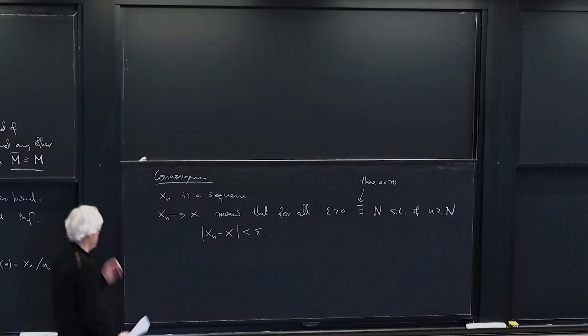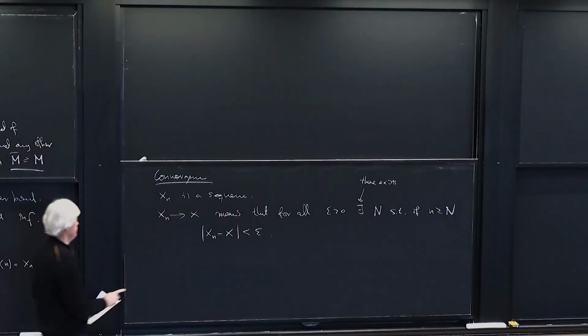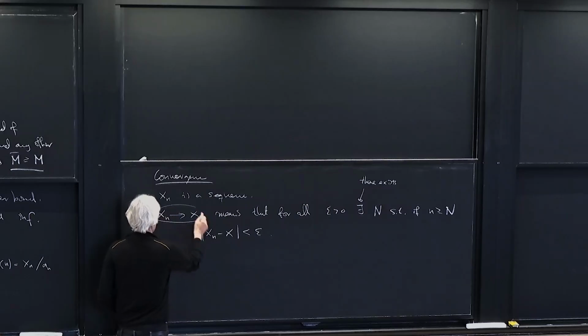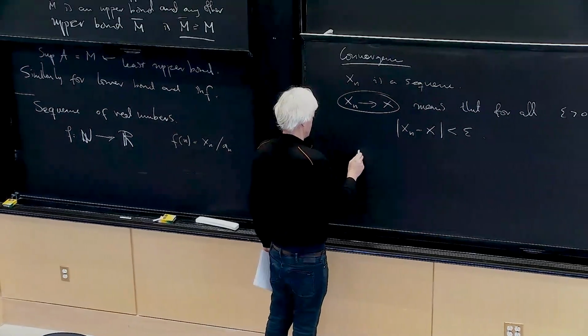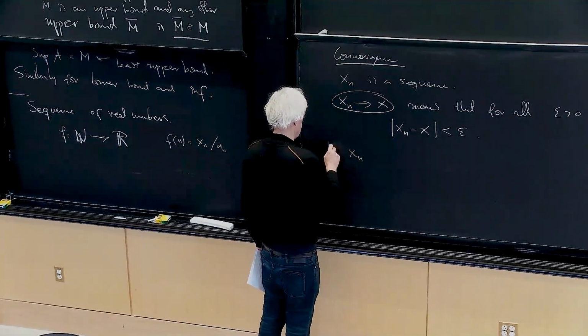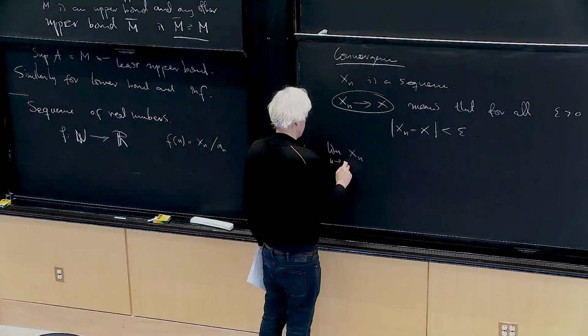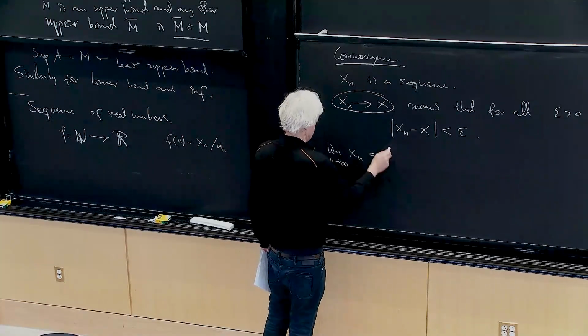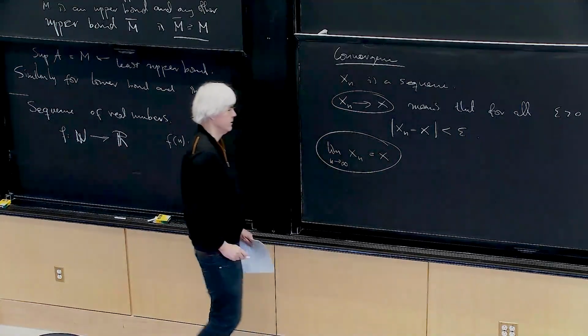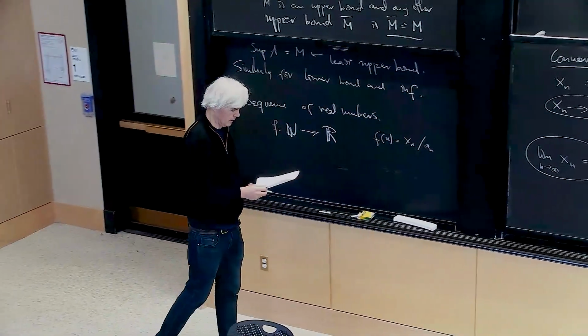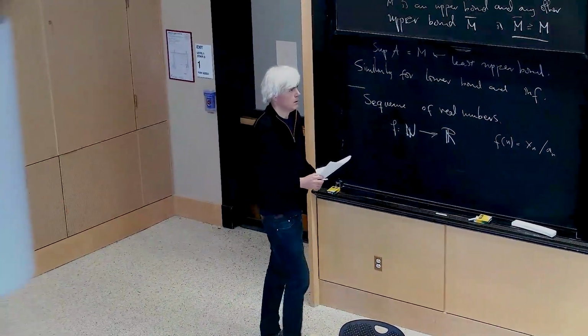So this is what it means for a sequence x_n to converge to x, and you write it like this, or you can write the limit of x_n as n goes to infinity is equal to x. Both of these are standard to use.